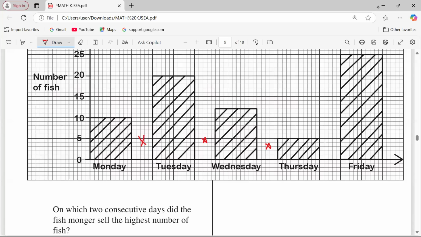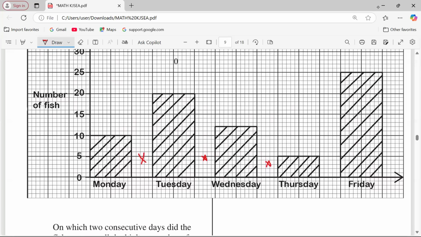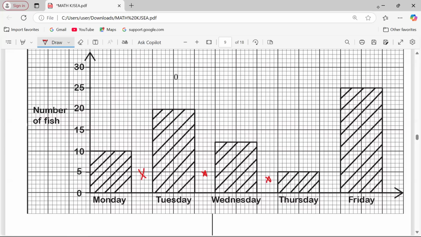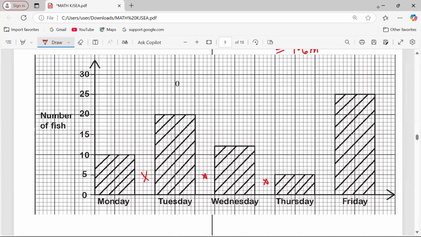For Wednesday, 2 squares. For Thursday, 2. So the bars themselves have the same width at equal spaces. They only differ in sizes, in heights, that is. Because the height is where the number of items comes in. So now we can check the question.